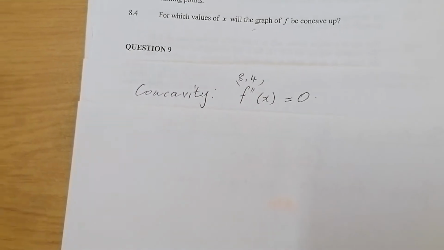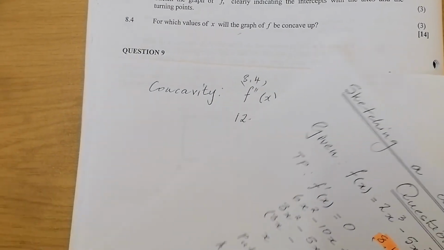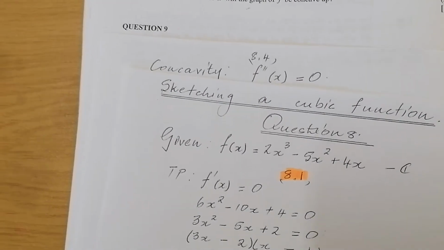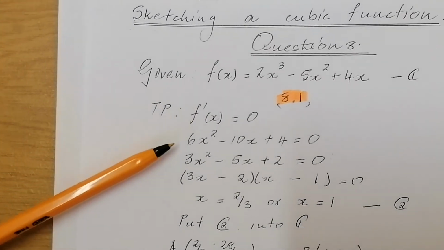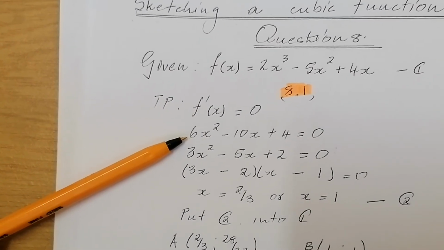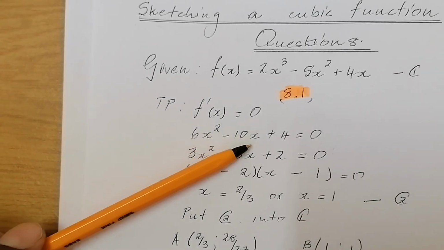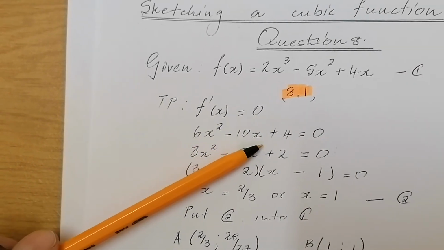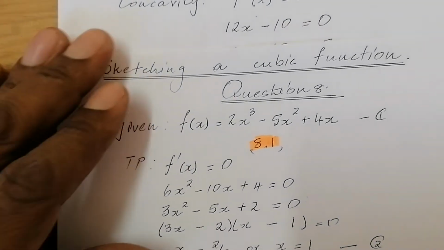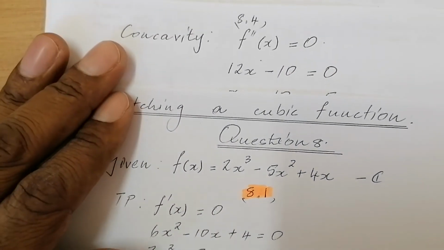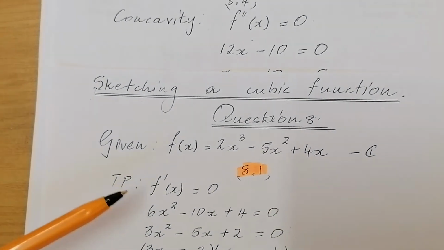Meaning I must go to the first derivative, which is 6x squared minus 10x plus 4, and differentiate this. When you do that, folks, you must remember the rules for differentiation.